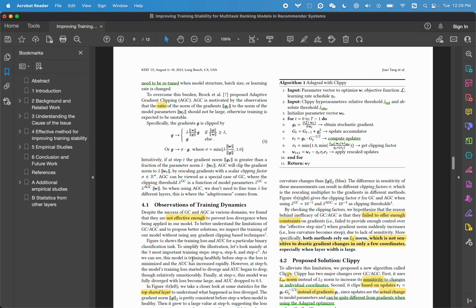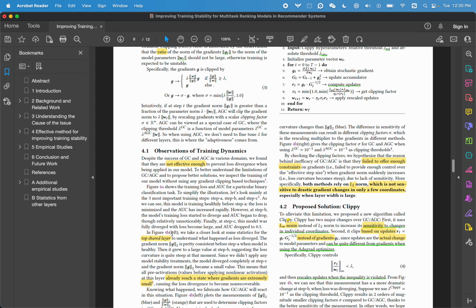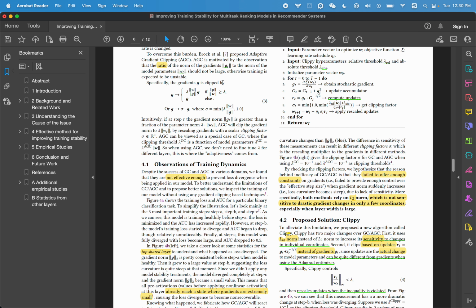For Clippy, it's saying the previous research doesn't work for two reasons. One reason is it's using the L2 norm. The L2 norm, like I said, is a scalar float number, which doesn't represent a small portion of elements that might have huge magnitude, huge absolute value.